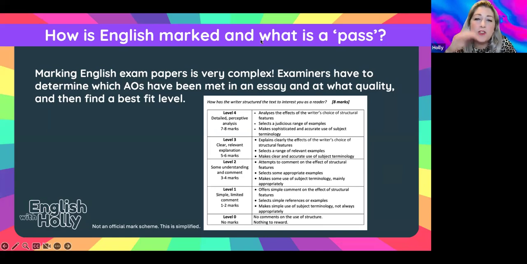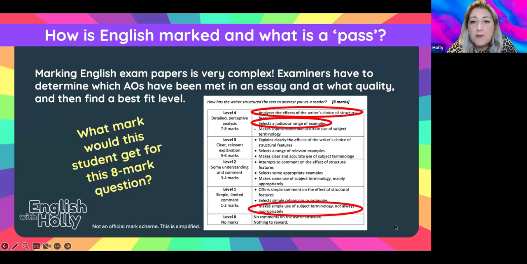Examiners have to determine which assessment objectives have been met in an essay and to what quality, and then they need to find a best fit across all of them. So for example, and this is not an official mark scheme, I will add, this is a much simplified version just to highlight to you how things are marked.